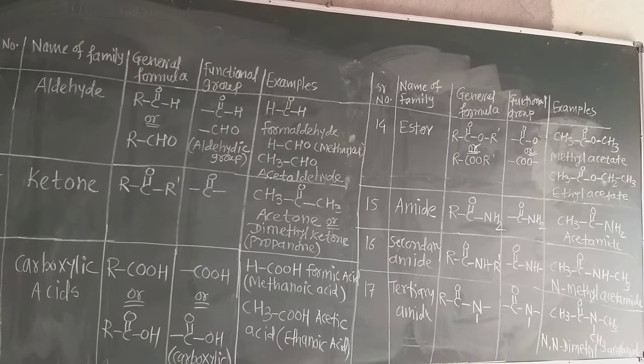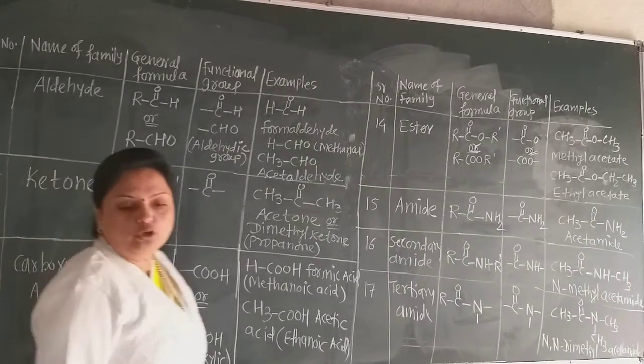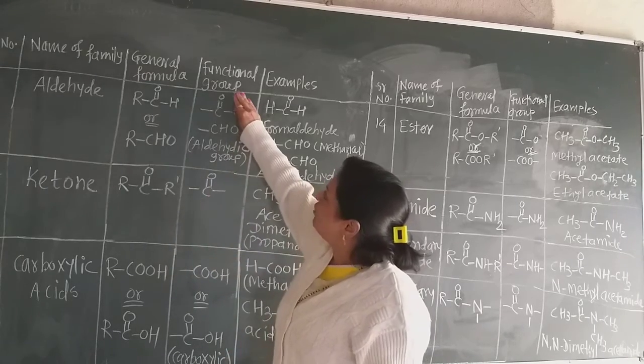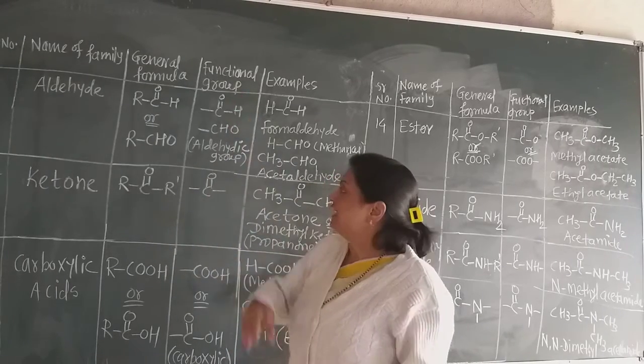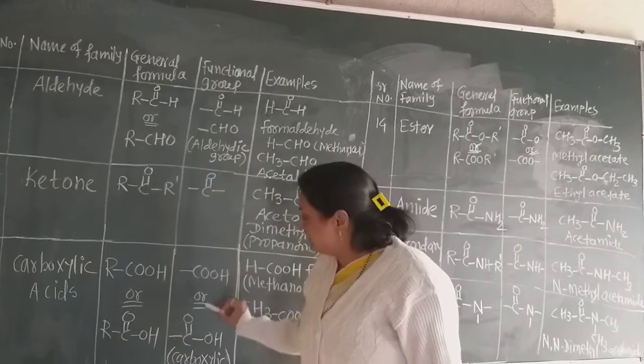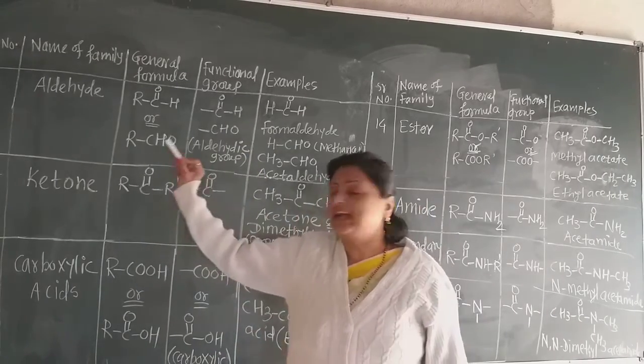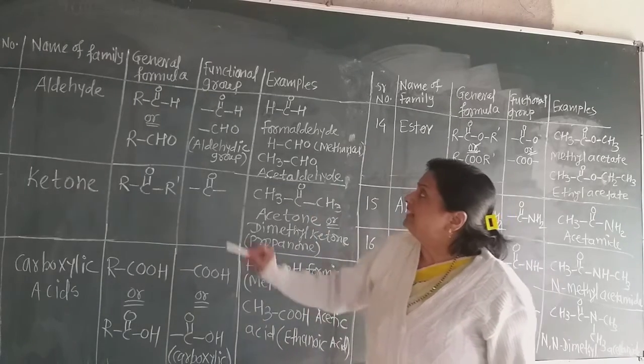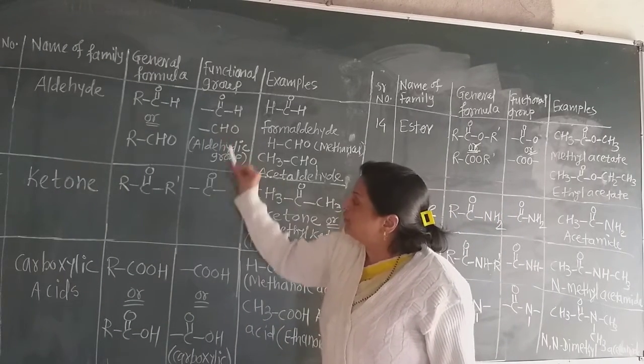Because all these three, aldehyde, ketones and carboxylic acid, contain the carbonyl group. Which is the carbonyl group? This C=O group. In all these three families, aldehyde, ketone and carboxylic acid, commonly this carbonyl group is present.